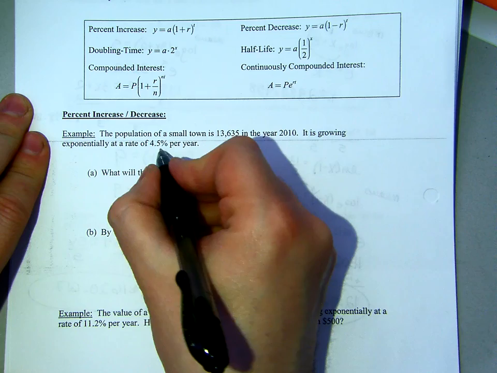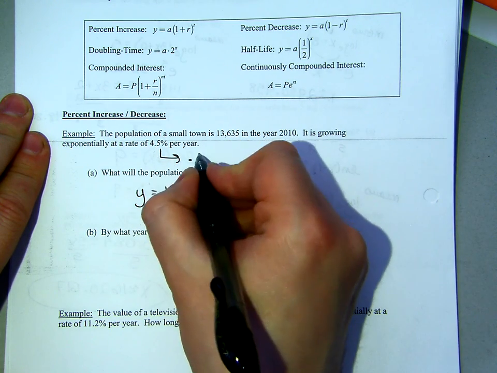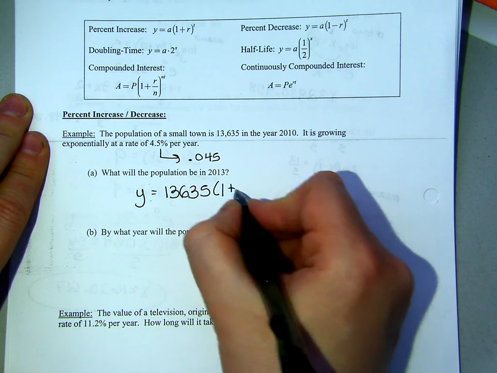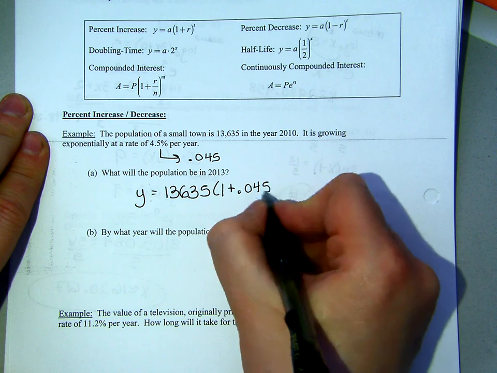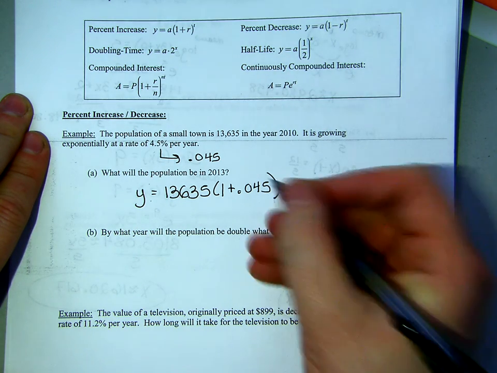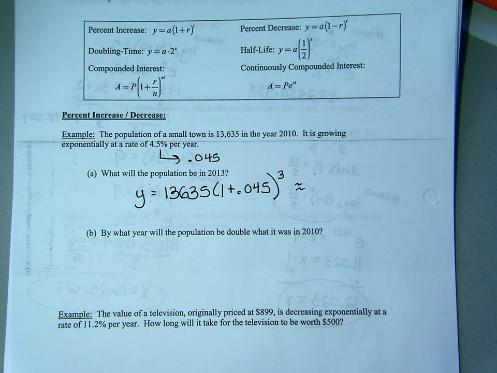Yep, we need to make that into a decimal. So as a decimal, I'm going to move the decimal point 2 to the left. It's going to become 0.045. What was the time? 3. Would a decimal answer make sense in this problem?